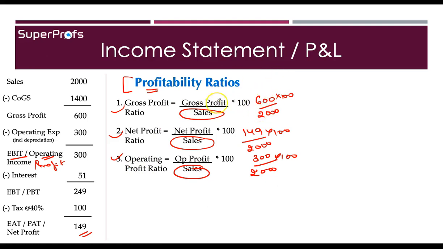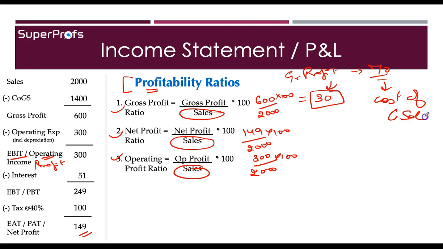When you're talking about gross profit and you get this value, what this means is that for every 100 rupees, 30 rupees are your gross profit, and 70 rupees was the cost of goods sold, right? Because gross profit plus cost of goods sold will be completely sales. So that means 70 rupees is your cost of goods sold.